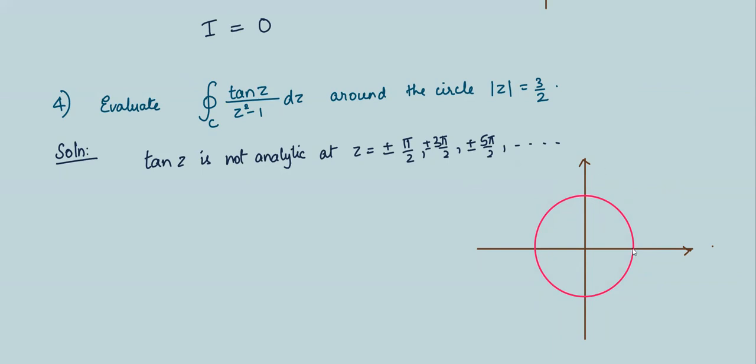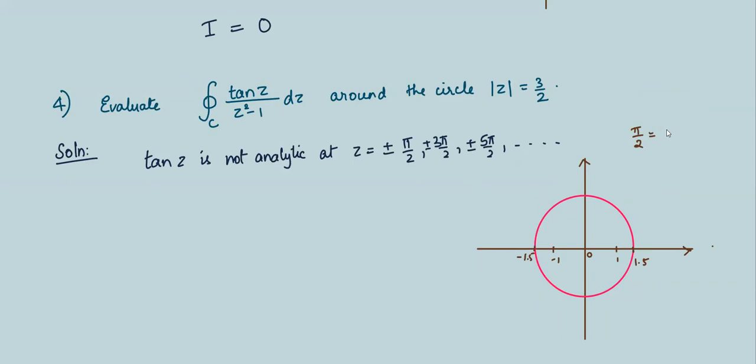So this particular point is 1.5. This is 1, minus 1, minus 1.5. The value of pi is 3.14.